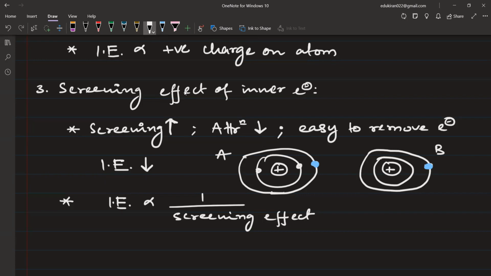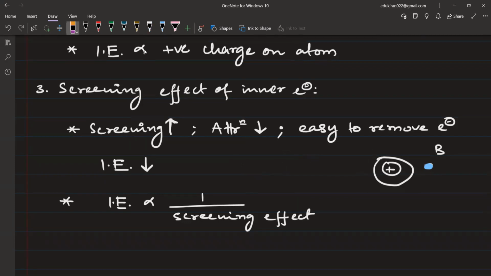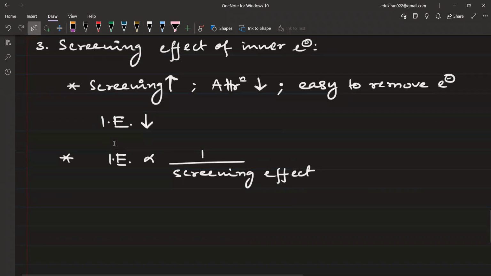B case, right? So inner electrons, what are they doing? They are shielding the positive charge, right? They're not letting the positive charge reach the electron, correct? That is screening. You understood? Okay, but there is some detail again, okay? Please watch the lecture, complete the notes.